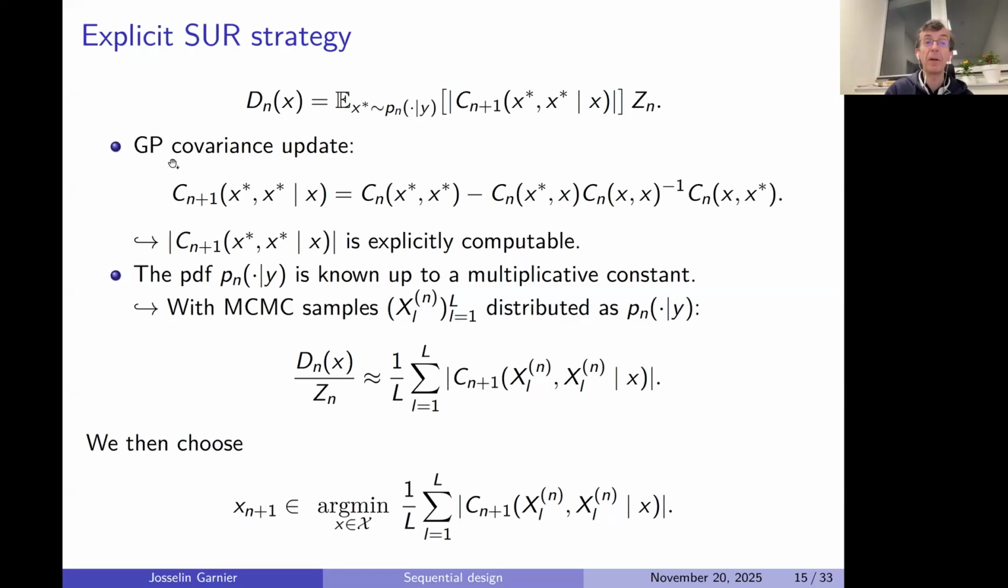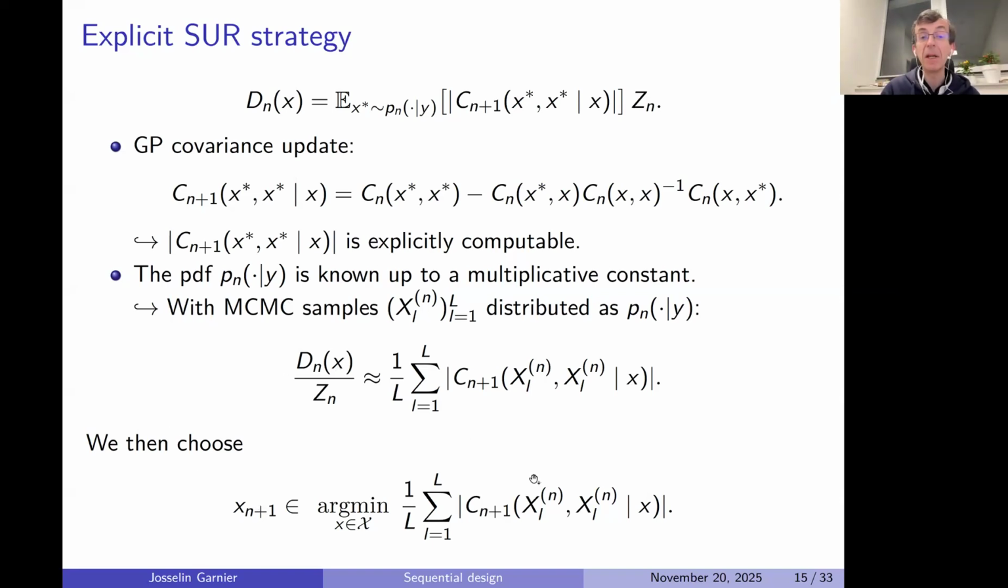You see the update formula here, and you see this approximate expression of D_n of x divided by C_n is completely explicit. You can do that very efficiently. And now you can choose x_{n+1} as the argmin of this sum here. And that gives you a new point that will be almost optimal. Why almost?